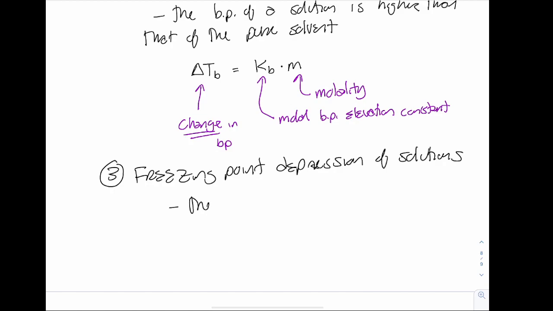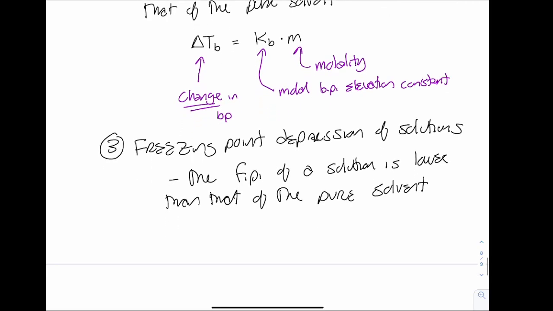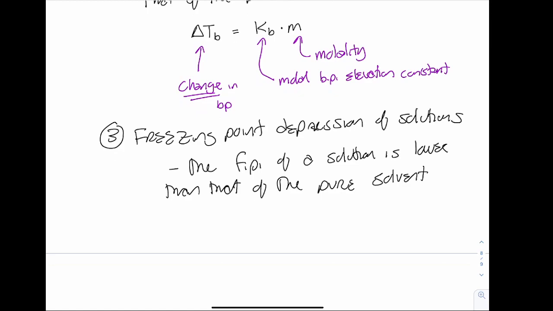So the freezing point of a solution is lower than that of the pure solvent.